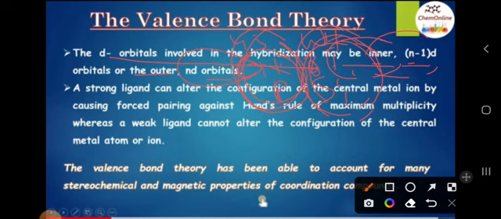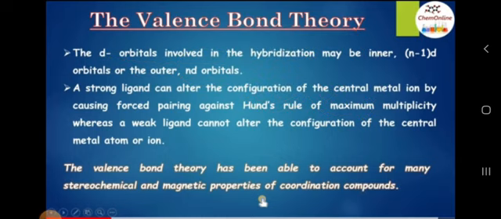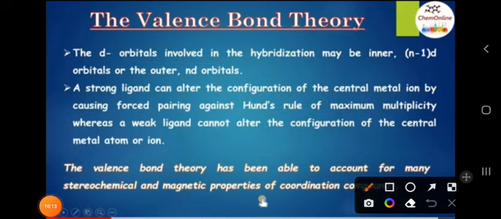Coming to the strong field ligand, it affects the electronic configuration of the central metal ion and causes forced pairing, following Hund's rule.